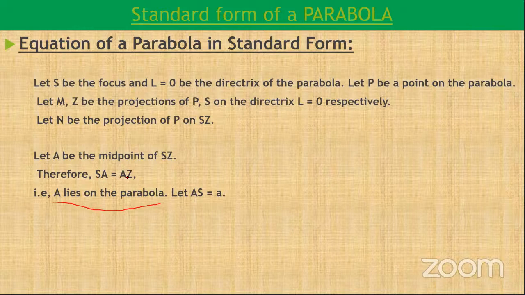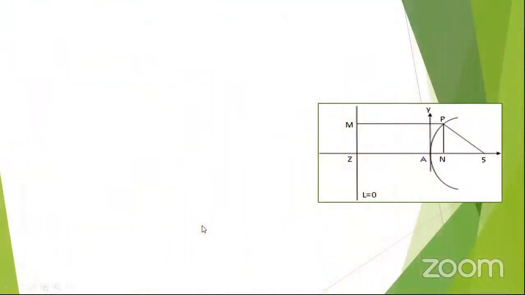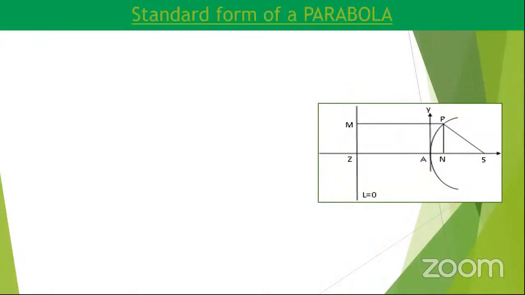Therefore, SA is equal to AZ gives the conclusion that A lies on the parabola. Since A lies on the parabola, let us take the distance AS equal to a. Distance is always greater than 0, therefore small a is greater than 0, children.